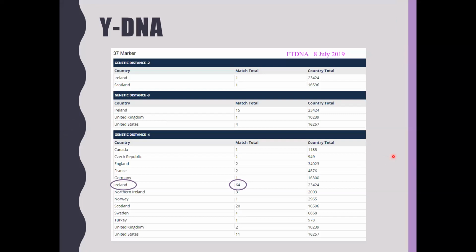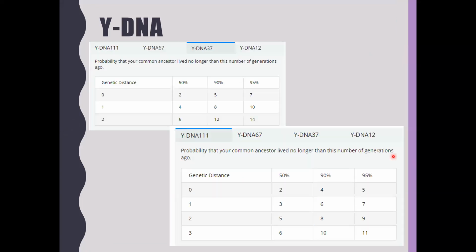So what does this mean genealogically? If you've tested 37 markers, which is really the minimum you want to do, you get too many false positives with smaller tests. If you have a genetic distance of 0, there's a 90% chance your common ancestor is within the last 5 or 6 generations.